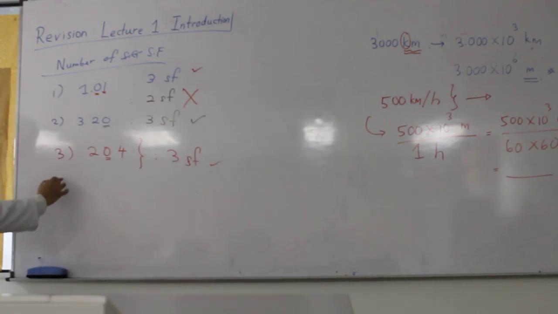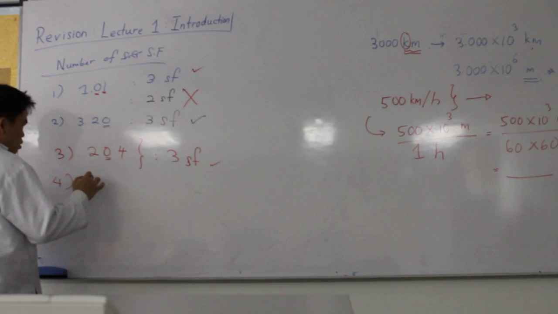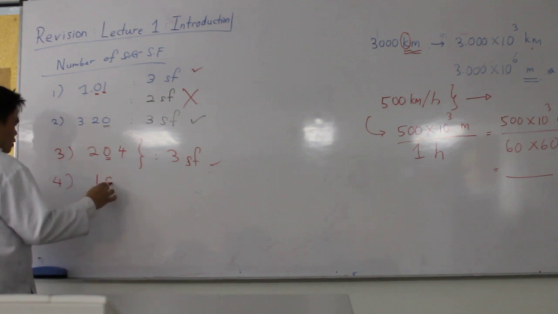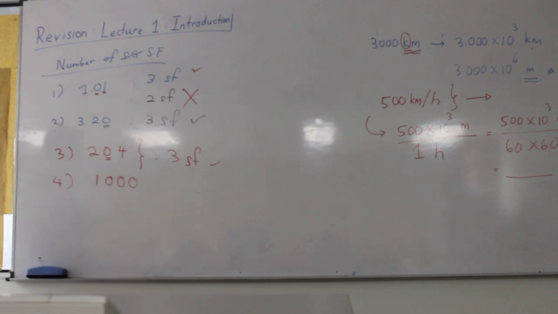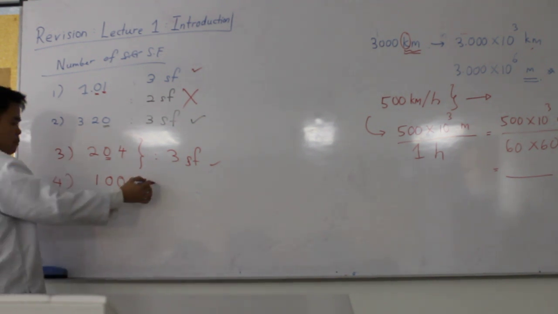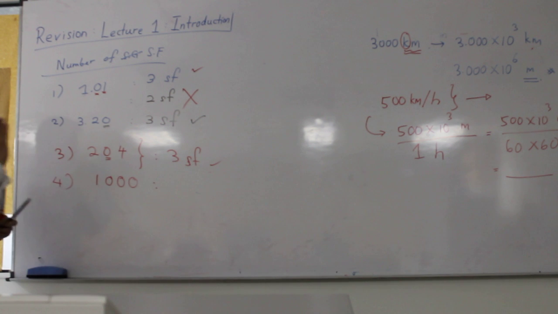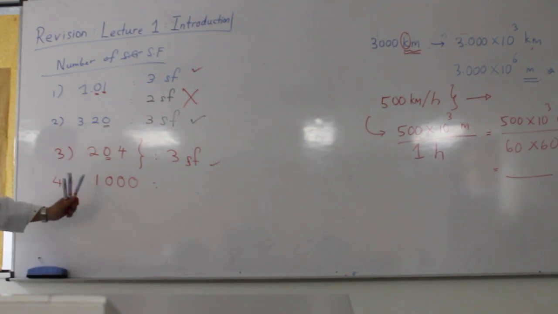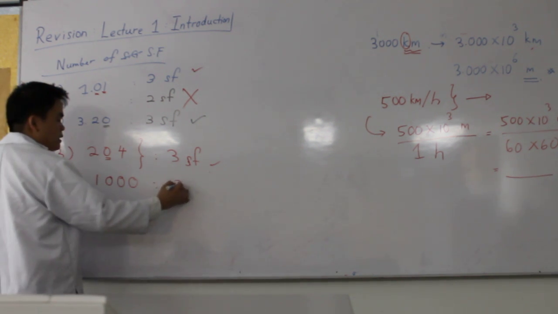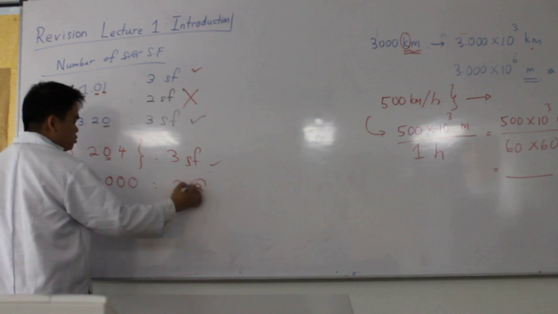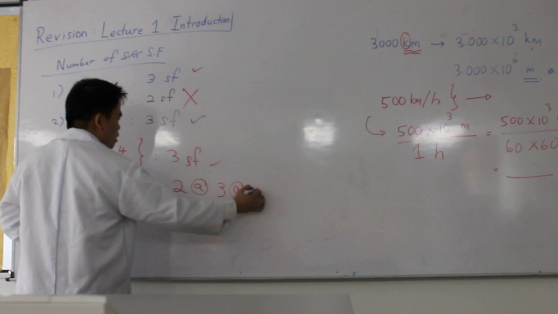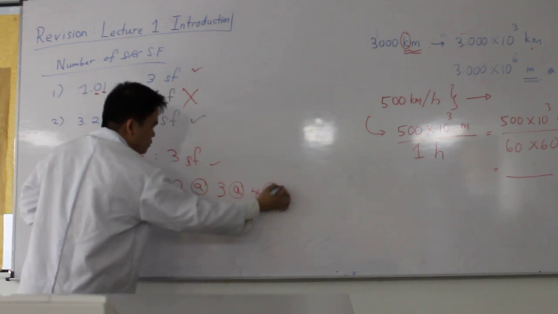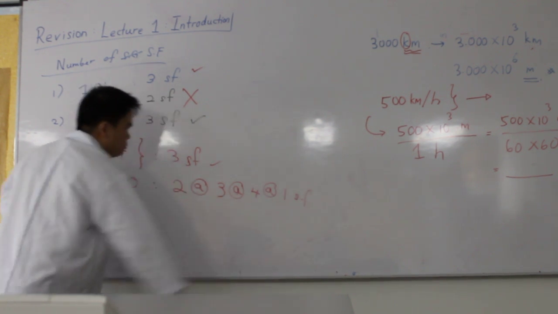And if I put it 1000, this case is quite ambiguous, which is why I discourage you from putting in such a format, because it can indicate either 2 or 3 or 4 or even 1 significant figure.